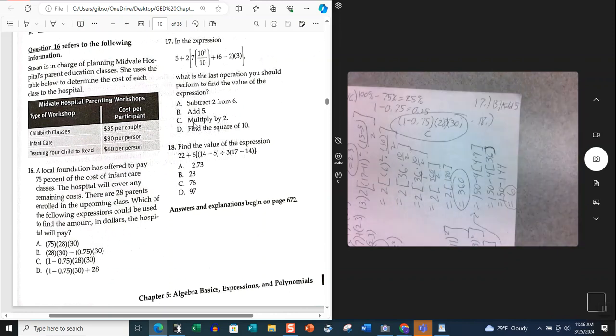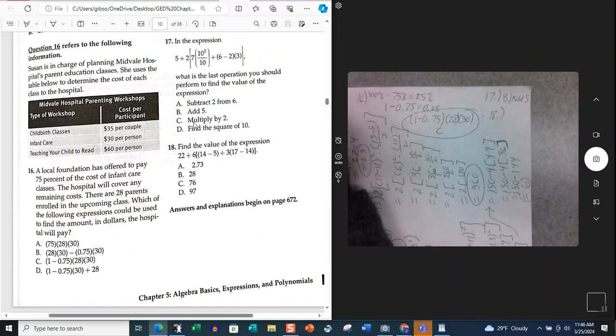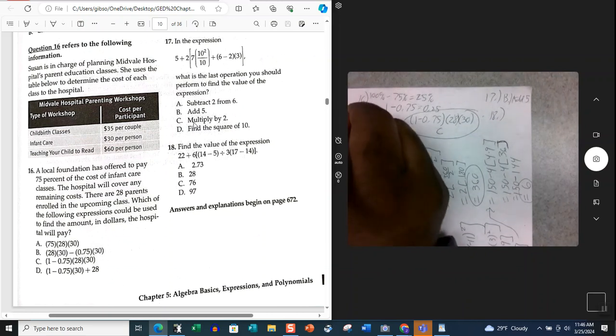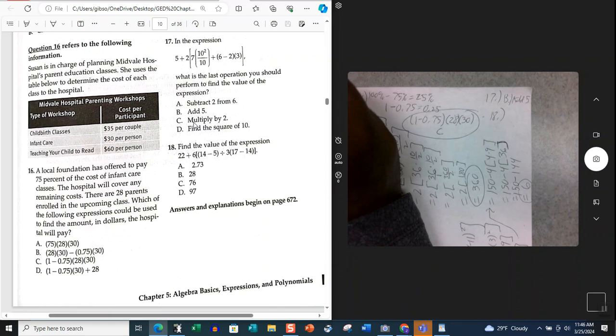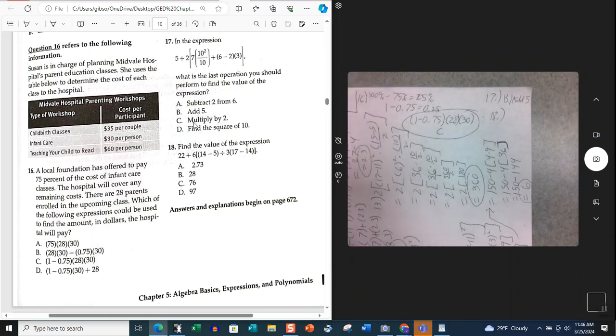And then finally, number 18. It says find the value of the expression. So now we have a nice lengthy expression here in problem 18: 22 plus 6, bracket, parenthesis, 14 minus 5, parenthesis, divided by 3, parenthesis, 17 minus 14, bracket.